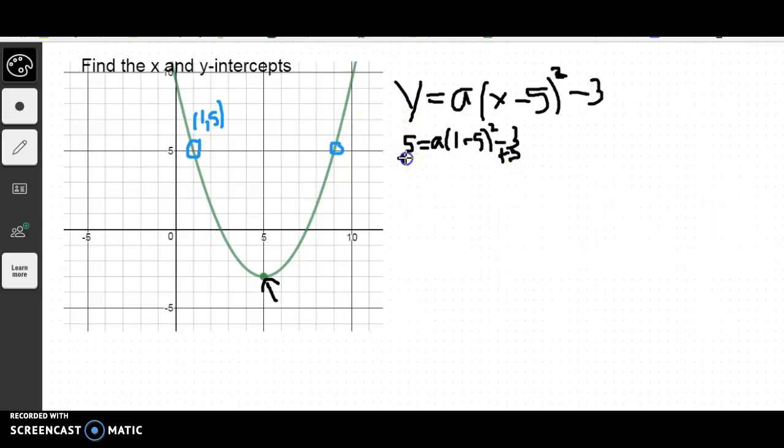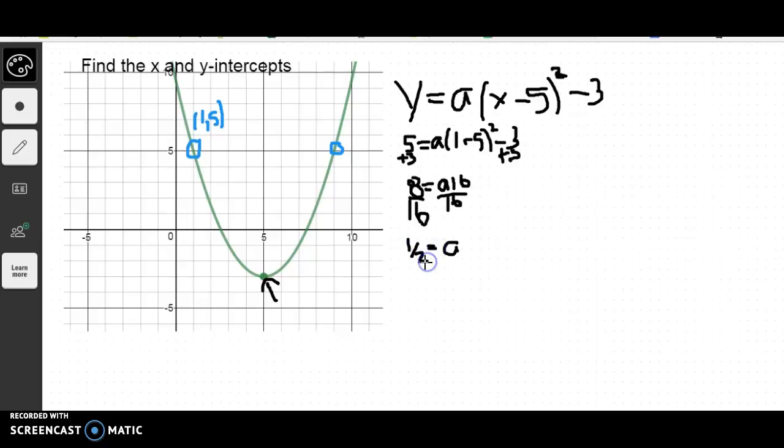So 5 plus 3 becomes 8. And at the same time, 1 minus 5 is negative 4. Negative 4 squared becomes 16. So I have a times 16, so I'm going to divide by 16 because it's being multiplied. And so you get a is a half.